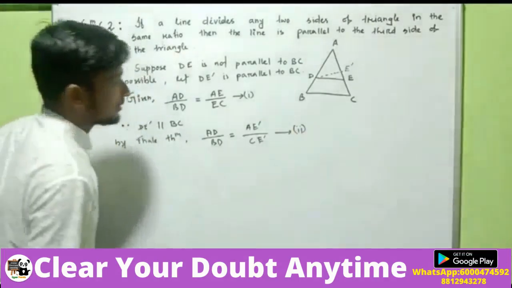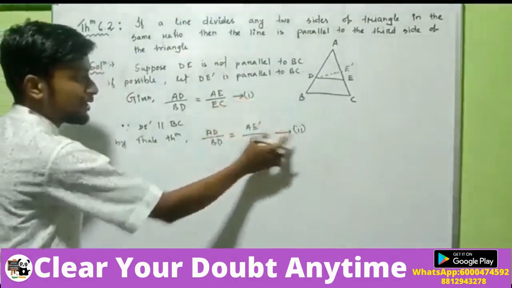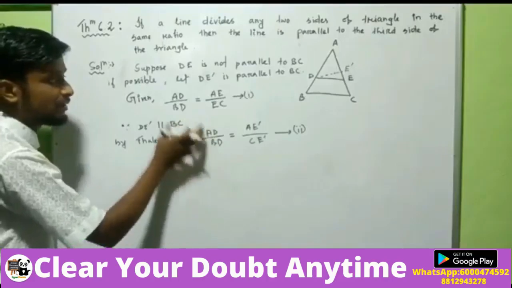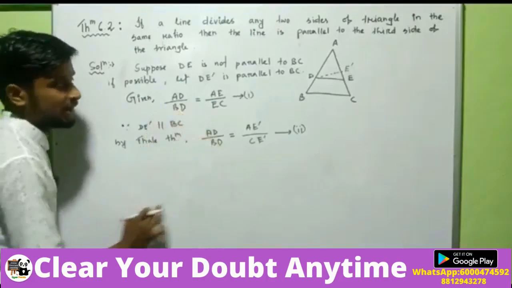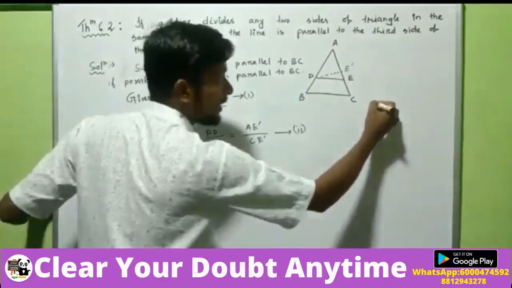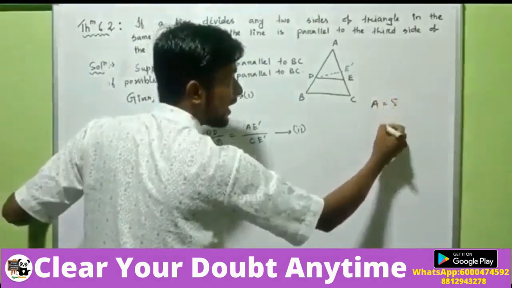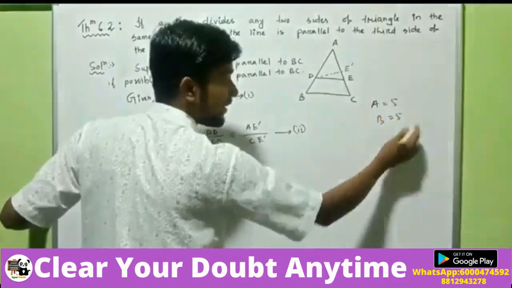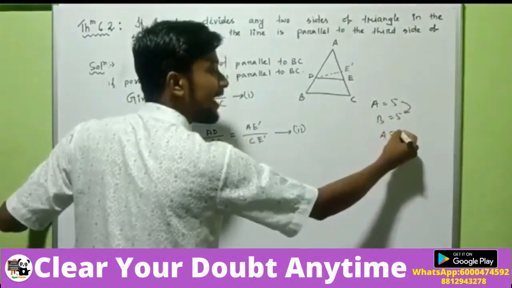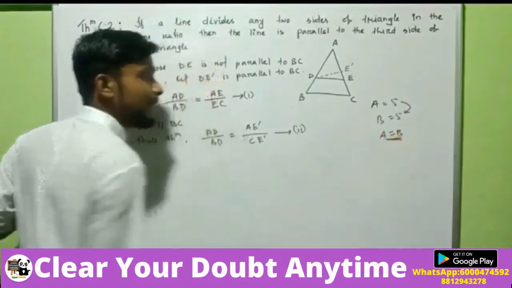Okay, so now see, from equation 1 and 2, if we compare these two equations, then we will get what? Left hand is equal. Then obviously the right hands will be equal. Suppose if A equals to 5 and B is also equals to 5, then we can say A is also equals to B, right?